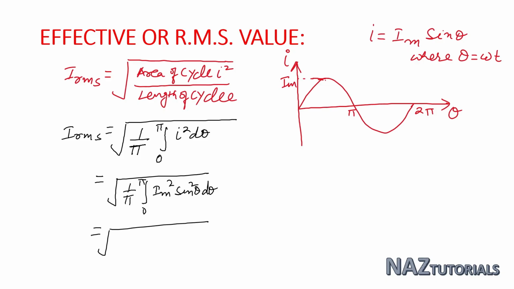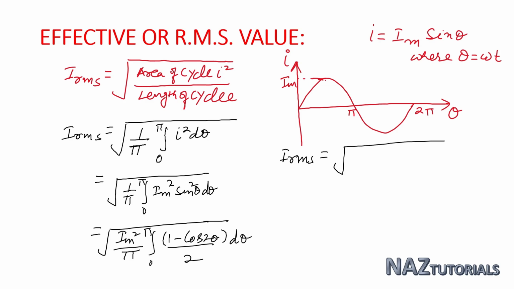So it is Im square divided by pi, 0 to pi, and sine square theta is 1 minus cos 2 theta divided by 2 d theta. So here you can write I RMS is equal to the square root of Im square divided by 2 pi and the integration from 0 to pi of 1 minus cos 2 theta d theta.